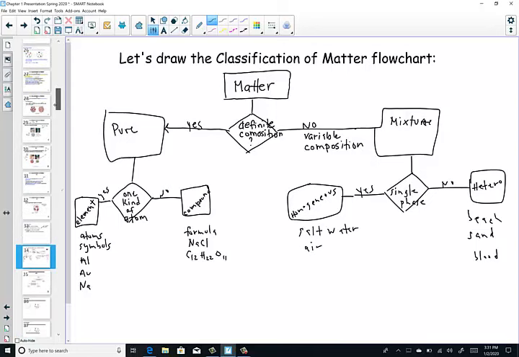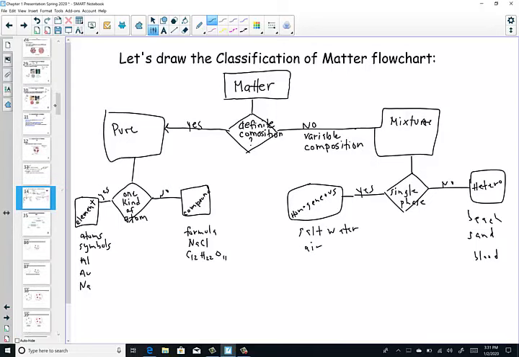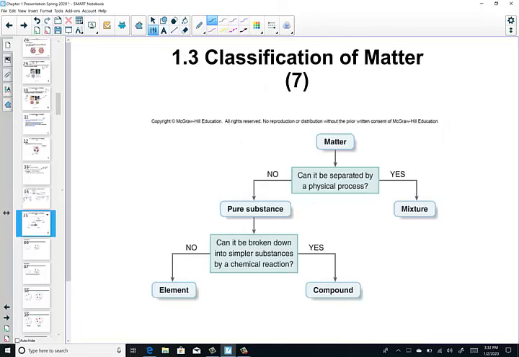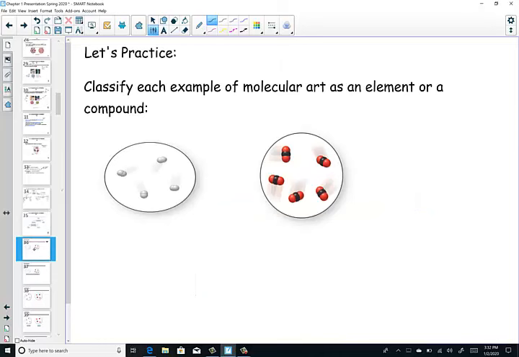So we've been doing great work practicing how to classify matter based on its composition. And this is the flow chart, very similar to what we drew together. I went through that with you, so that's the one from your text. Let's practice. What do you see? Is this molecular art an example of an element or a compound? Write down your answer. What do you think?